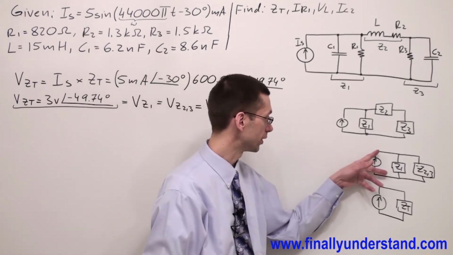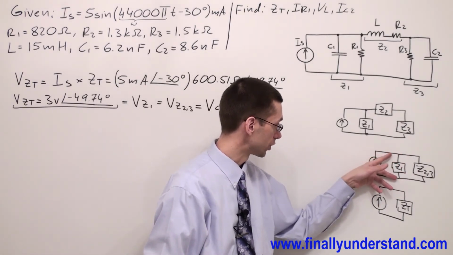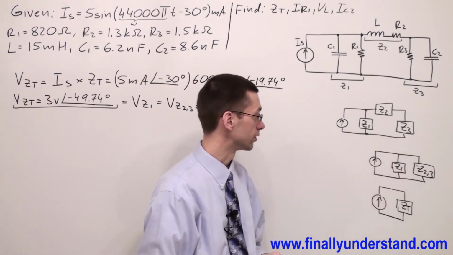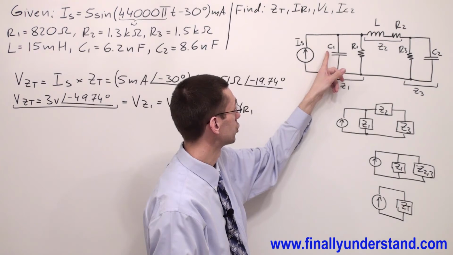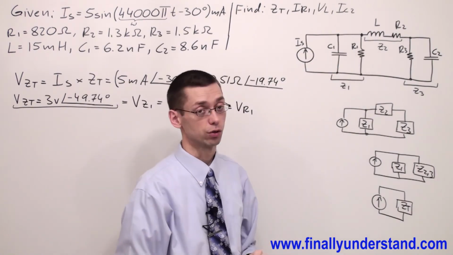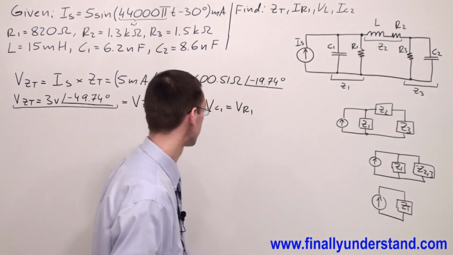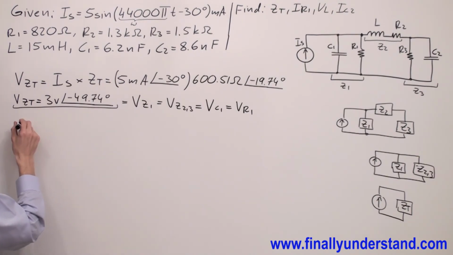Because we talk about the parallel circuit. Okay, so voltage across each impedance over here is the same. So voltage across the capacitor C1 and voltage across resistor R1 is the same. So in order to find current IR1, I'm going to use the Ohm's law.